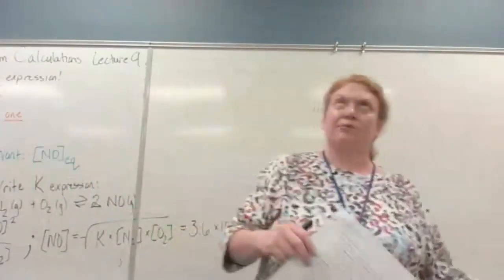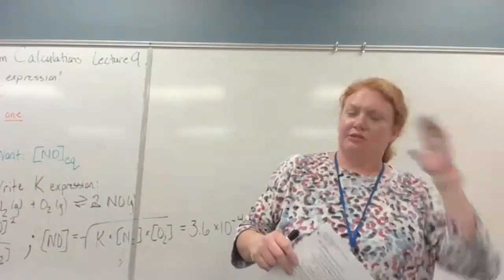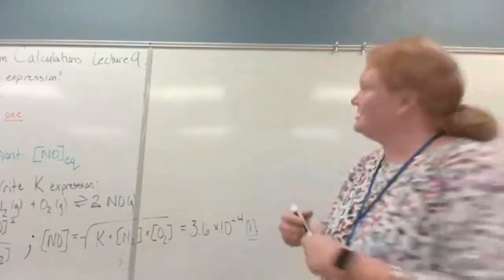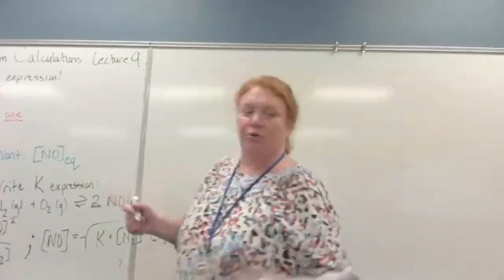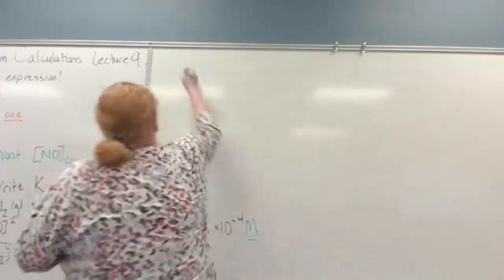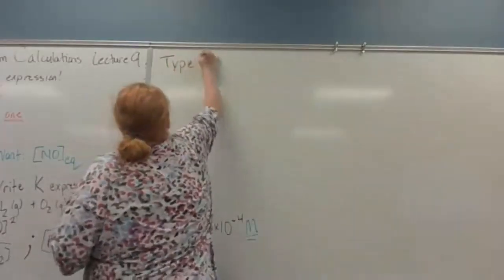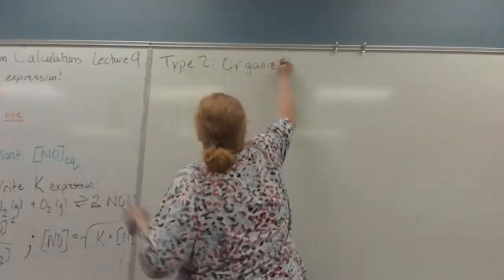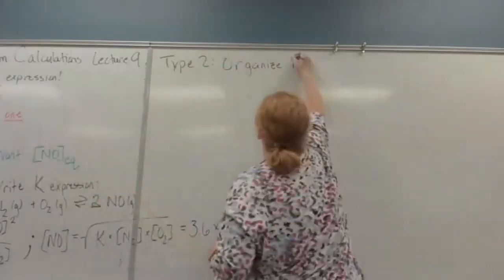I'm looking for K. They gave me an initial, and then they gave me an equilibrium. This is what Ms. Poe calls a type 2. Okay? We got to use this thing called an ICE table, or sometimes they're called rice tables. I say ICE table. Okay? We're going to organize our info into what is this ICE table.